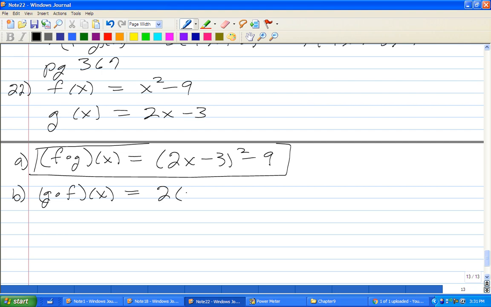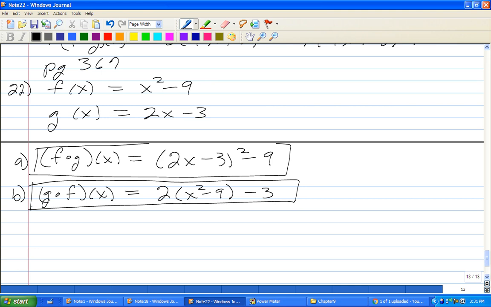So I have 2 times x squared minus 9, minus 3. And that is g composed with f. So notice that f composed with g is indeed not equal to g composed with f. So it hardly ever is. Only very, very occasionally will they be the same.